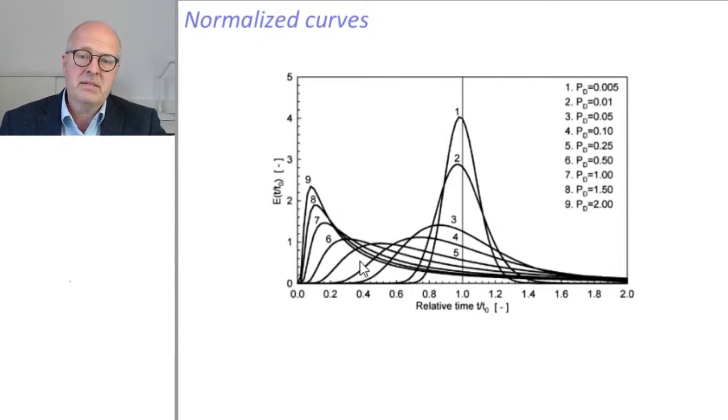You shouldn't be surprised, actually, because, and now you understand why, there are systems that have PD values of much larger than 0.1, for example of 2, and these systems exhibit preferential flow.